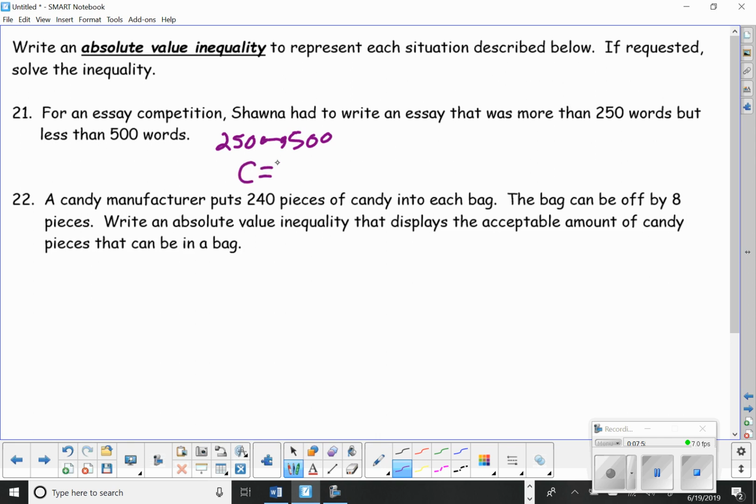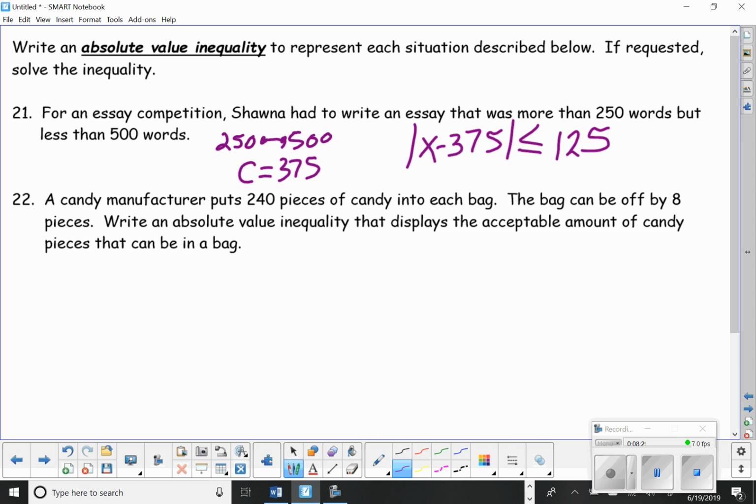So the center is 375, and the distance from one end to the other is 125. So she's got the absolute value of x minus 375 has to be less than or equal to 125. Okay?